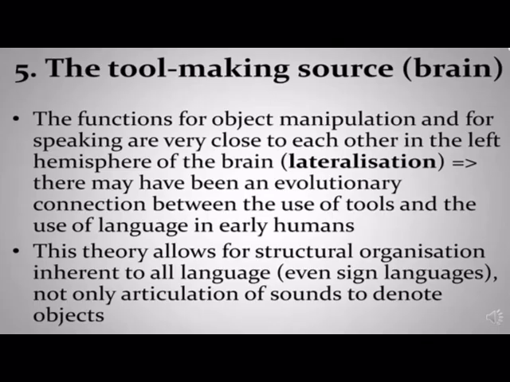In individual lateralization, roughly half of the species is lateralized in one direction and the other half in the other direction. In directional lateralization, more individuals in the species have the same direction of lateralization. But we are talking about the brain right now. So our brain organization is basically based on lateralization.